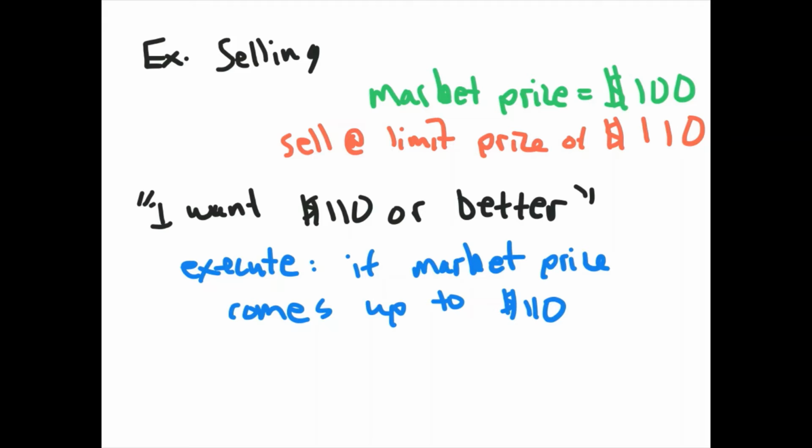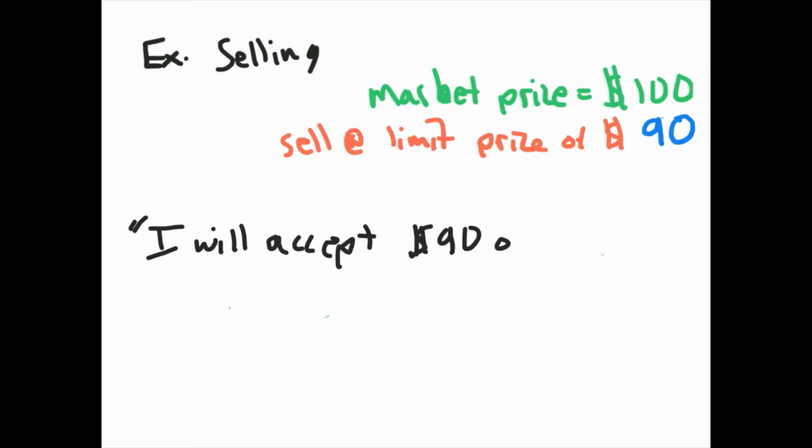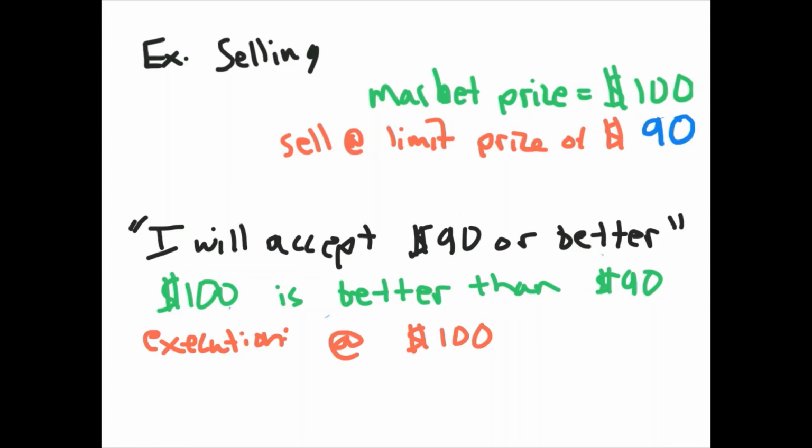It needs to come up in value. Now let's say instead of a $110 limit, we did $90, we're saying to the market, I will accept $90 or better, and $100 is better than $90 when you're selling. So this will execute immediately at $100.